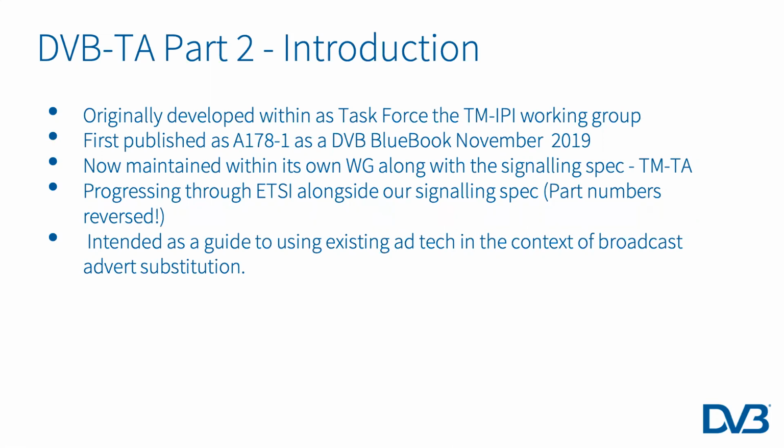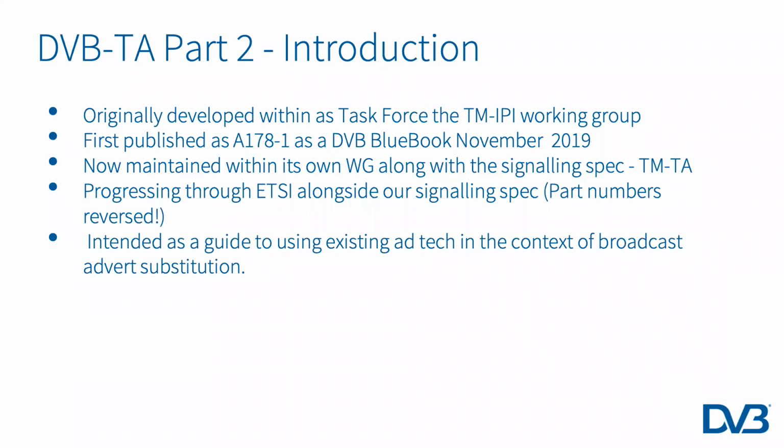By way of an introduction, part 2 was originally developed within a task force of the TM-IPI working group, and was published as part 1 originally as a DVB Blue Book back in November 2019. It's now maintained with its own working group, along with the signaling spec you've just heard about, in a working group called TM-TA.